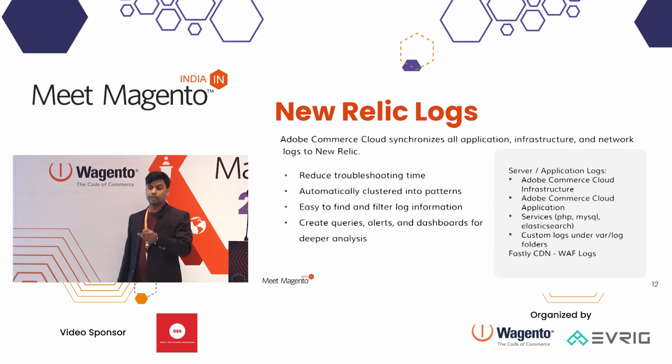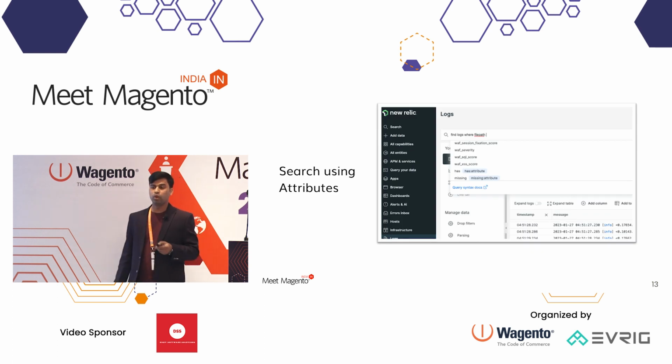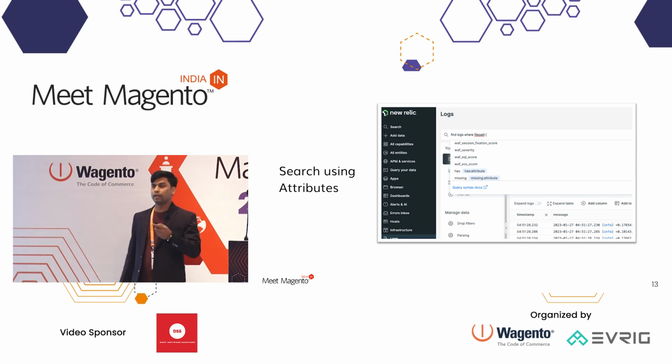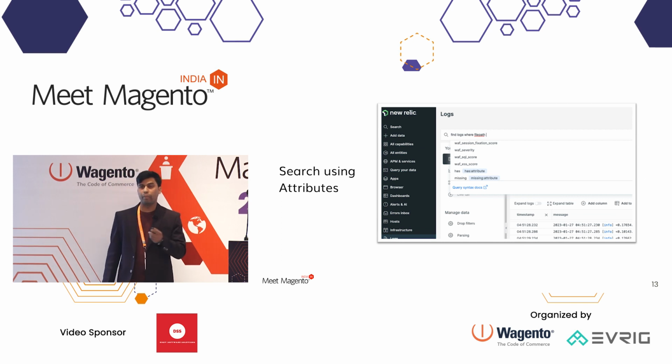Okay, going to the next, how you can search. Once the log is getting clustered, you have the capabilities to search with all the attributes, like if you are looking to search with client IP or file path or URL, like the cart page URL.